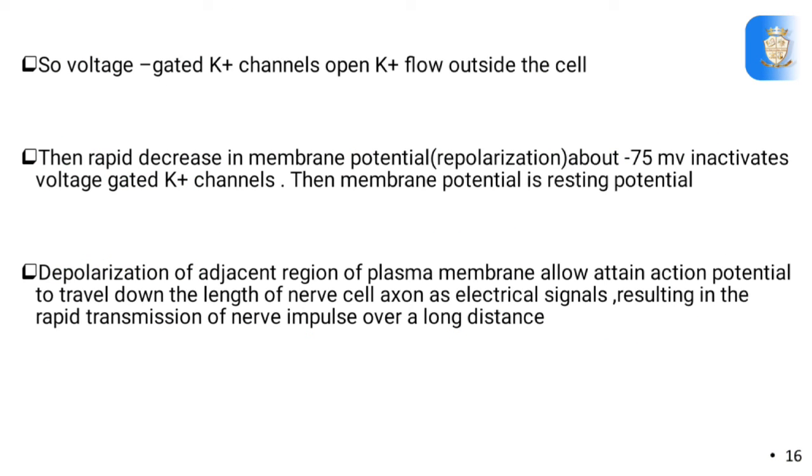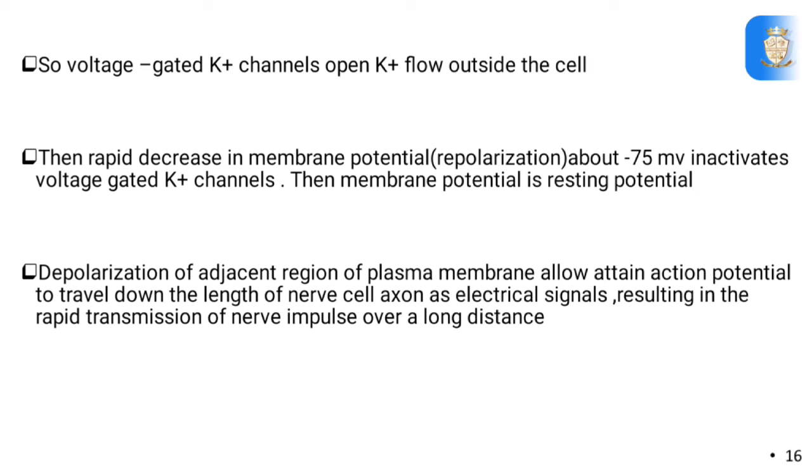But the K+ channel is open and K+ moves outside the cell. A rapid decrease in the membrane potential, to about minus 75 mV, inactivates the K+ channel. So this membrane potential is the resting potential. This is called repolarization.